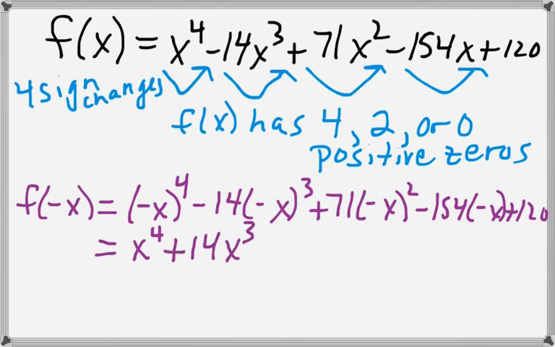So that term becomes positive. Then we have a negative to an even exponent, so that will be positive. And then we have negative 154 times negative x, so that will be positive. So for f of negative x, there are no sign changes. All of the terms are positive.